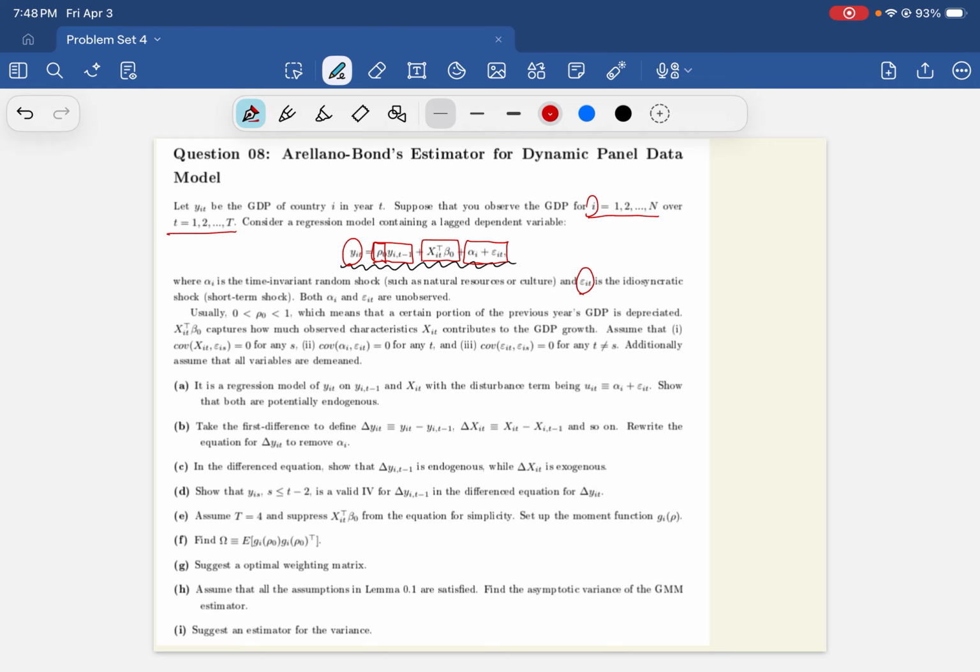Your test score may evolve over time, but there is some kind of consistency. This autoregressive part will capture that consistency. Usually the autoregressive coefficient is between 0 and 1. If it's greater than or equal to 1, that causes a big problem econometrically. So we are not going to handle that.